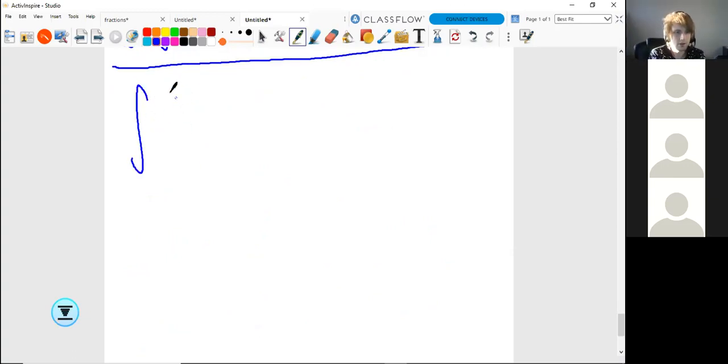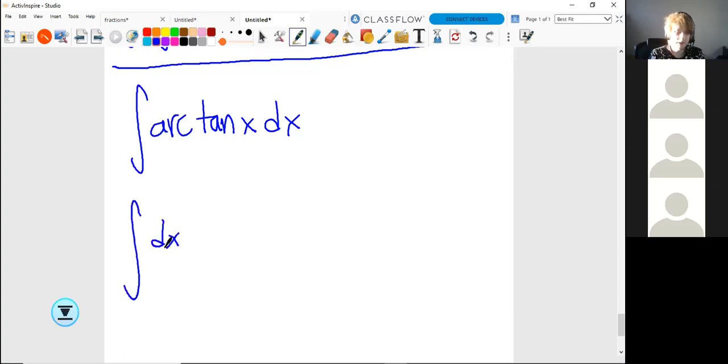So what about this integral? Let's say arctan of x dx. I think you already showed this to us. This is 1 over 1 plus x squared, that's the derivative. Yeah, that's an important thing to keep in mind for this.